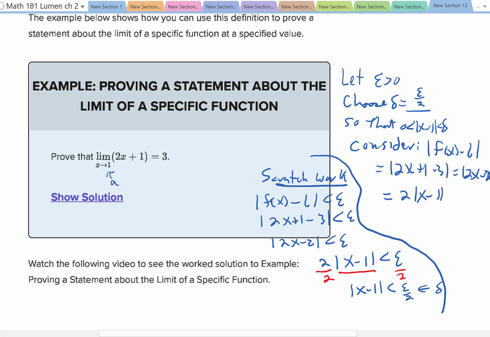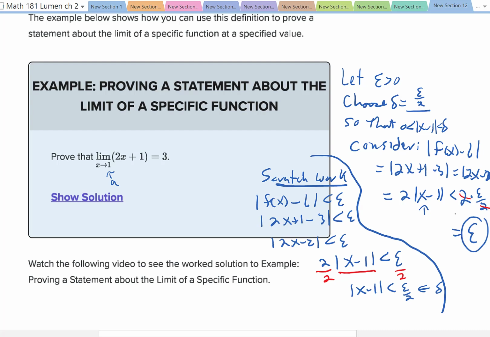And we already said that this x minus 1 is less than delta, where delta is epsilon over 2. So this part can be then replaced with an epsilon over 2 if I do a less than 2 times epsilon over 2. And then what happens? The 2's divide out, and we have our epsilon, which was our goal.